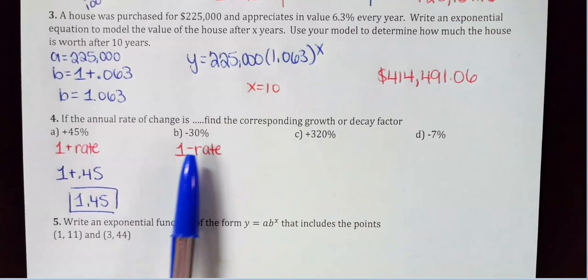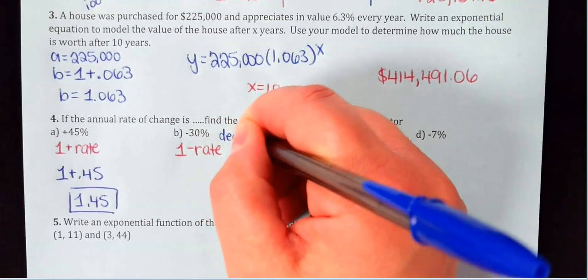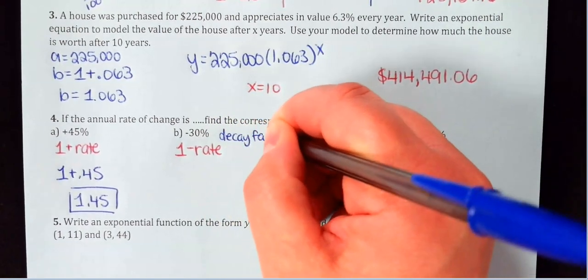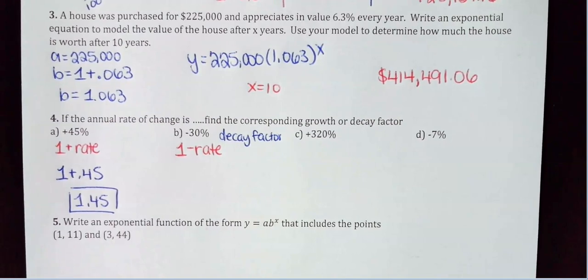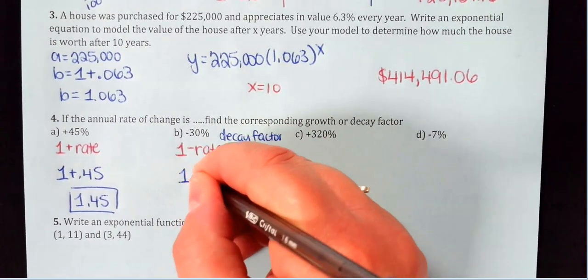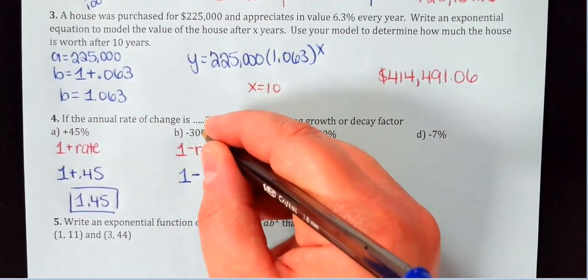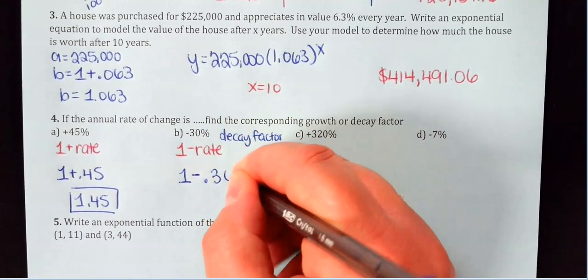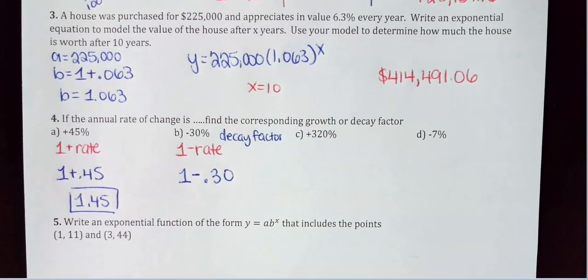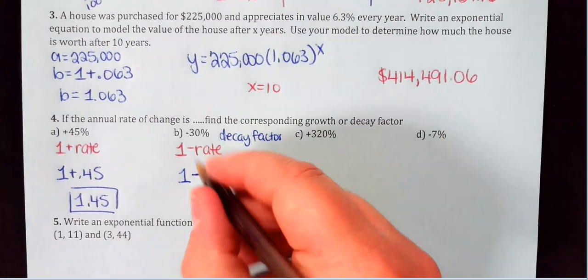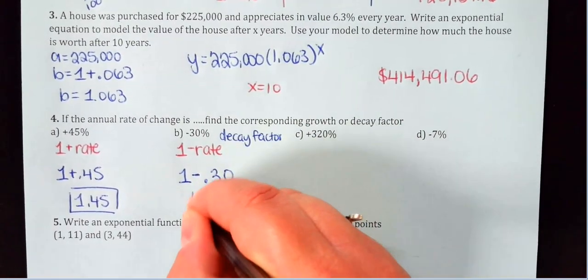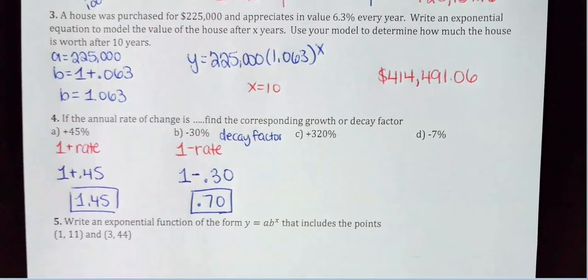If you have a negative, this is negative 30%, this would be a decay factor. So this one is 30% decay, so it's going to be 1 minus 0.3. This would be like if I had 100% on a test, I took 30% away, you would get a 70%. And you don't need the 0 there, but I'm just going to put it on mine.